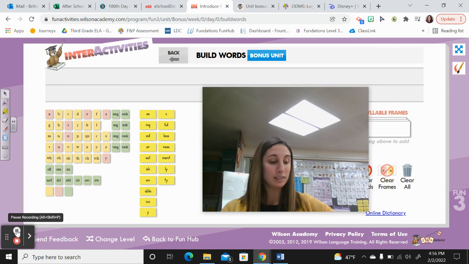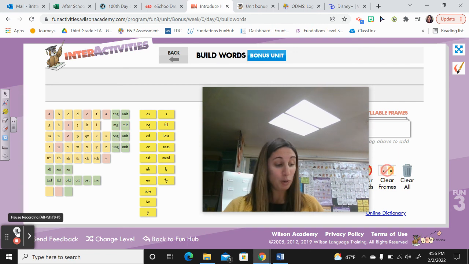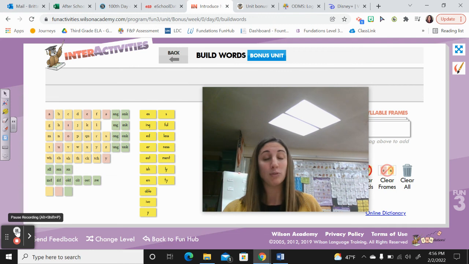I do want to let you know that you will be getting a point for spelling the word inspecting. You will be getting a point for unsafe. You will also be getting a point for lockers. It's plural, lockers.